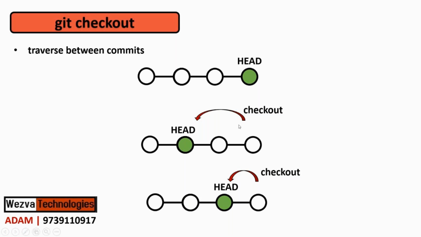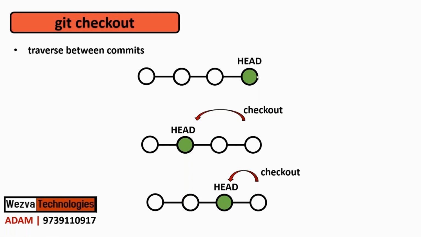Now the head reference will be pointing to that, and because of that, you will see the content of the file that is available at that level. So that's how checkout in Git means seeing a particular content which is already available. If not, you don't have to do the checkout, because anytime you go inside your workspace, by default, you will always be pointing to the head reference, which is the latest commit ID.